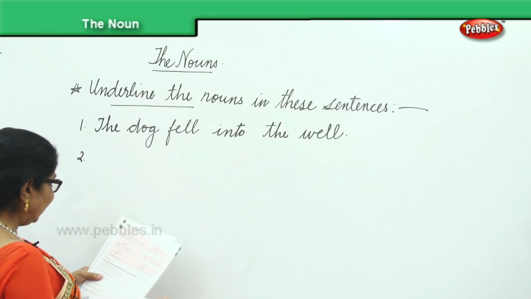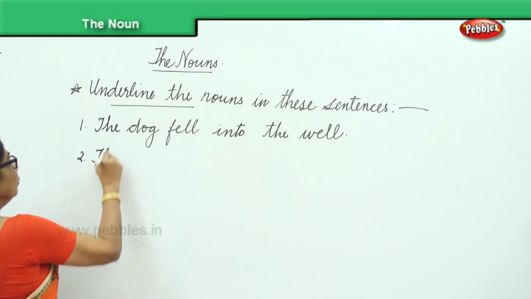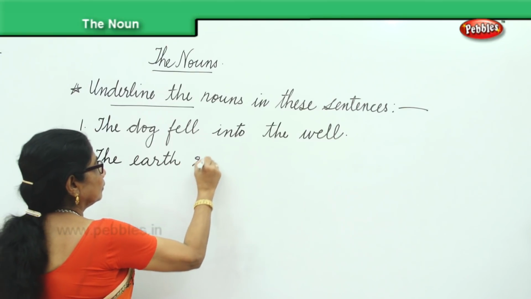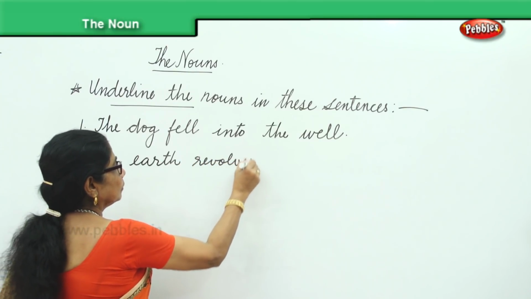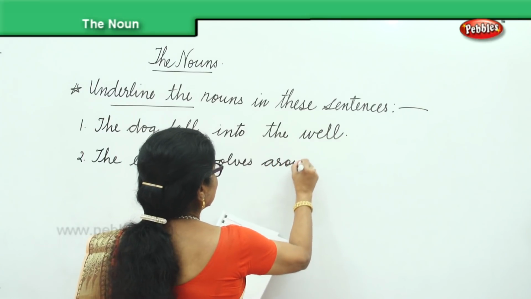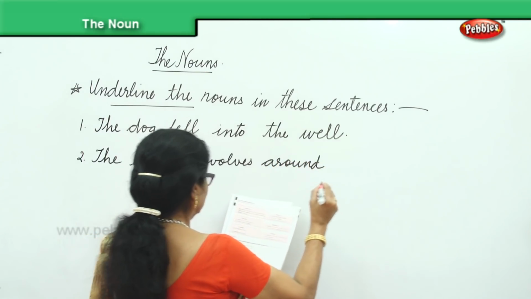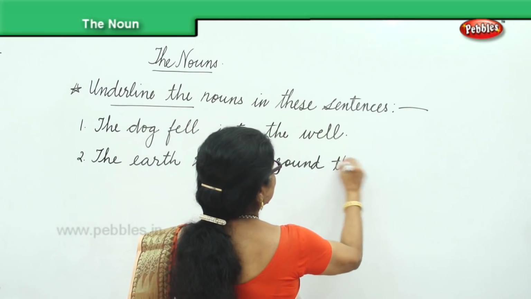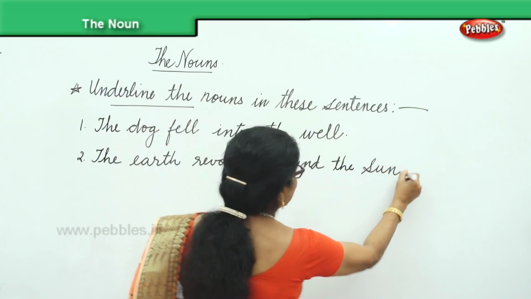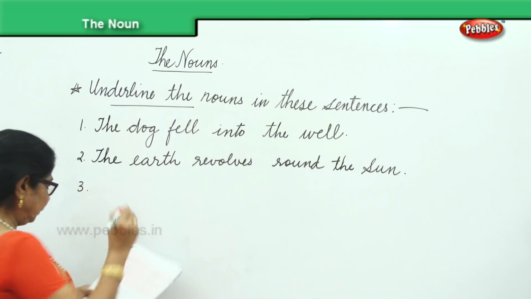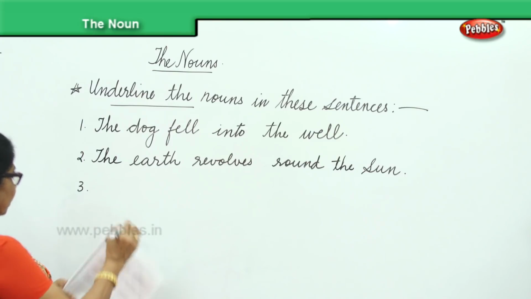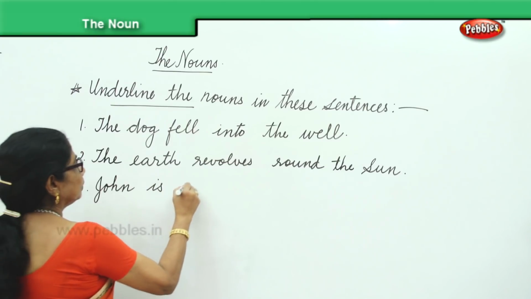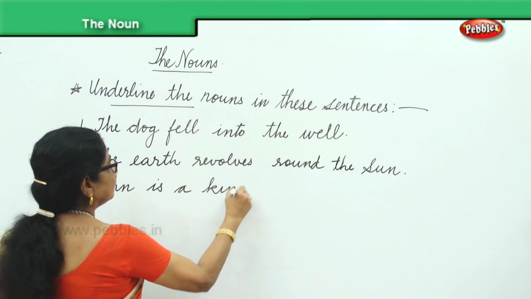Then the earth revolves around the sun. Then we have John is a kind boy.